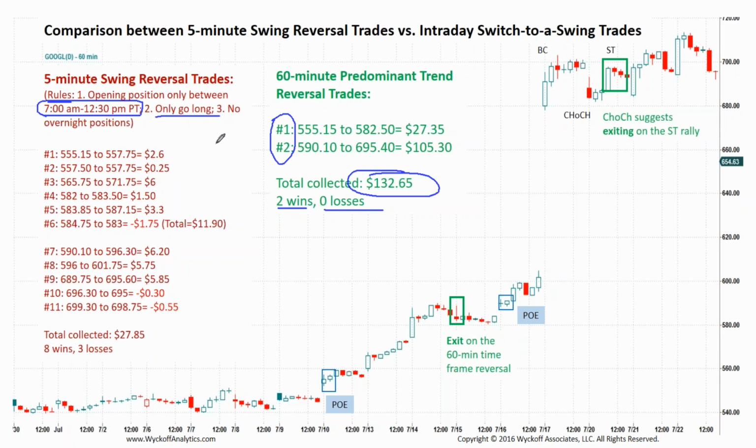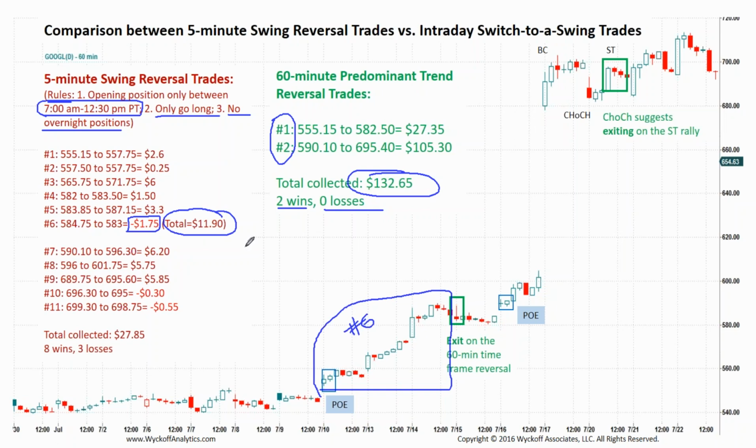We're only going to go long, no overnight positions for the 5-minute swing trade. So basically the intraday trading, at its purest. And in this area right here, we have 6 trades, and the result here is 11.19. We have 1 loss at the end.